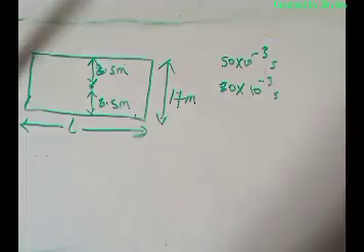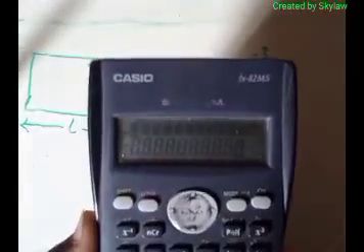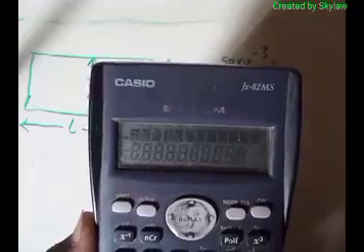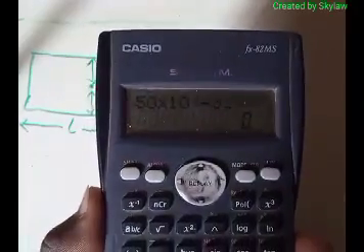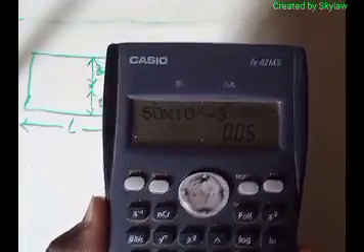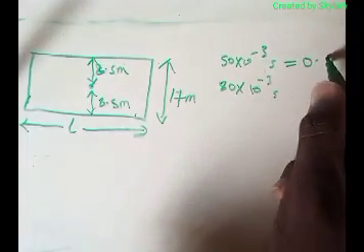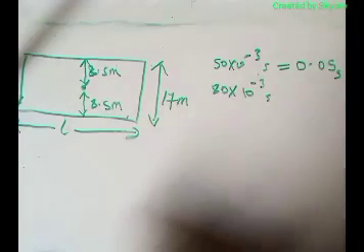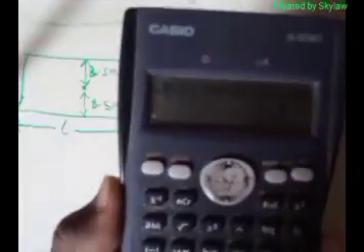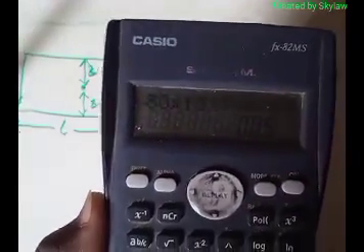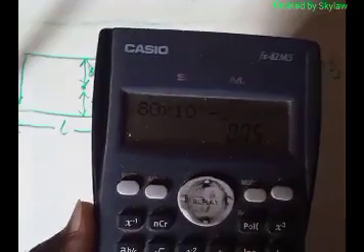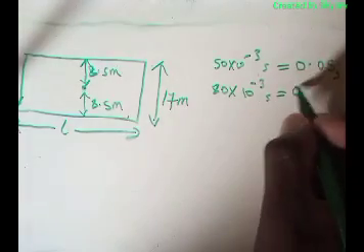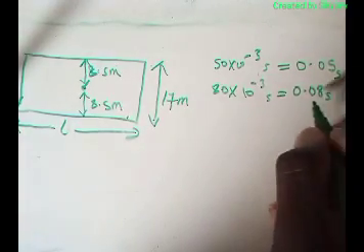To simplify those two numbers for easy calculations, 50 multiplied by 10 to the power negative 3 gives us 0.05 seconds. The other one, 80 multiplied by 10 to the power negative 3, gives us 0.08 seconds.